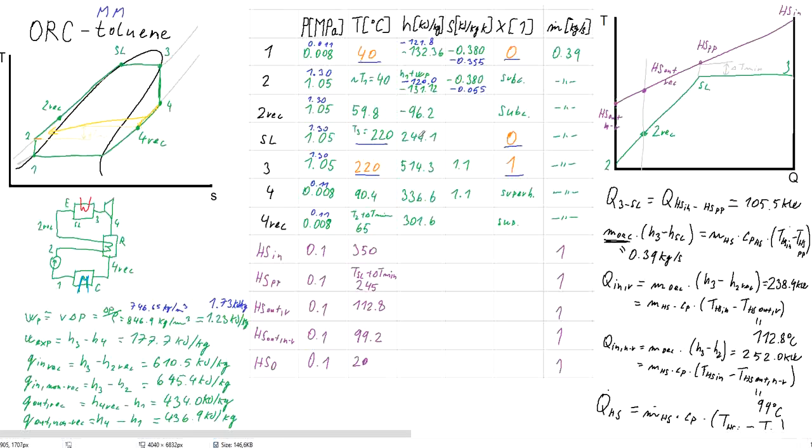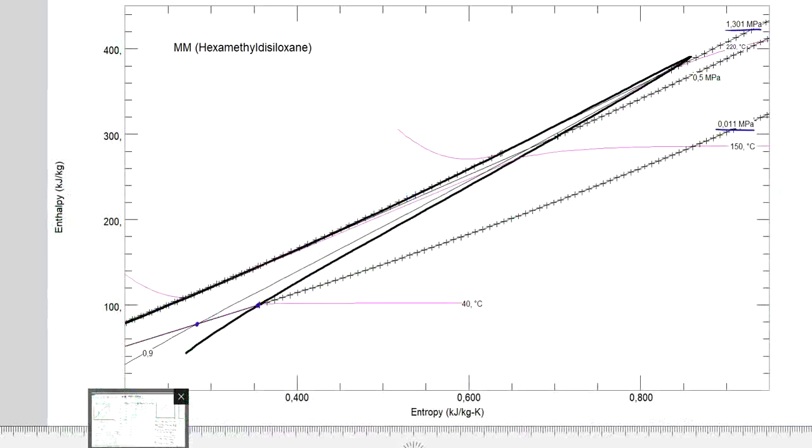Now again skip the point to recuperated and go for the saturated liquid at the high pressure, where we can already see this from the diagram in here. It's the point over here.